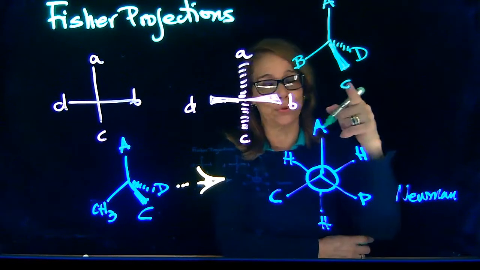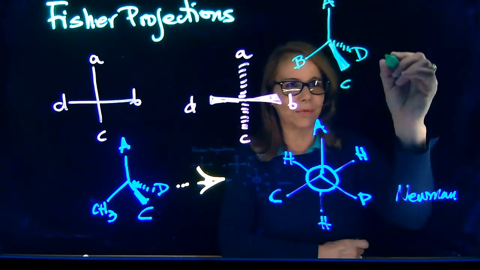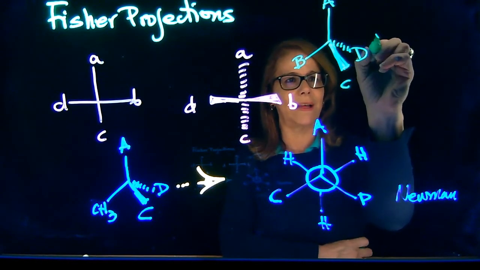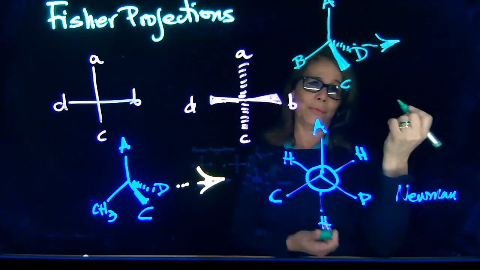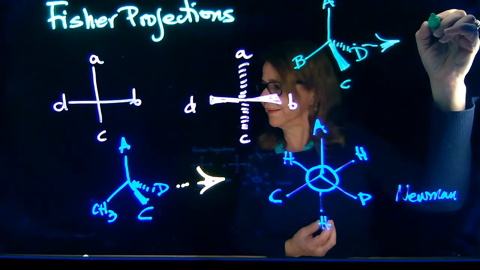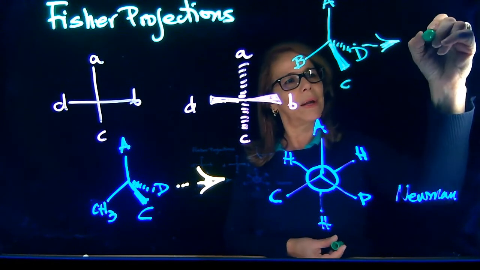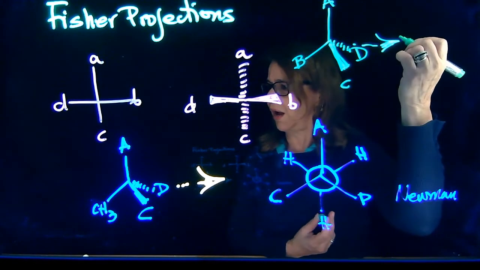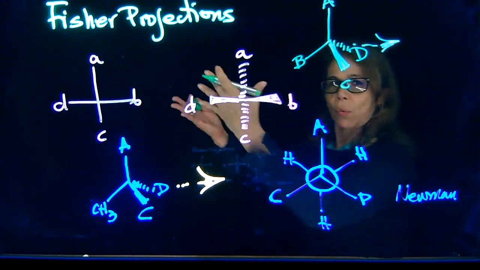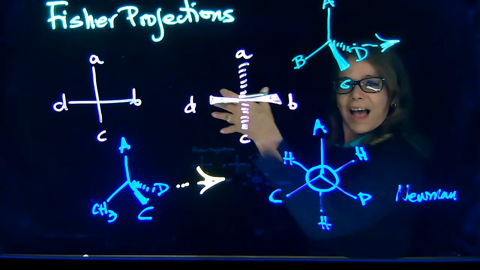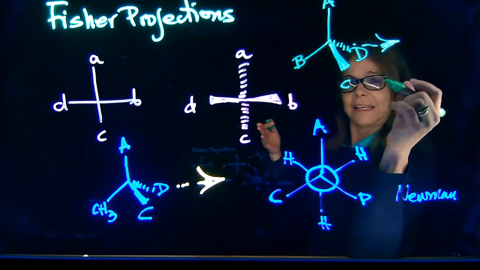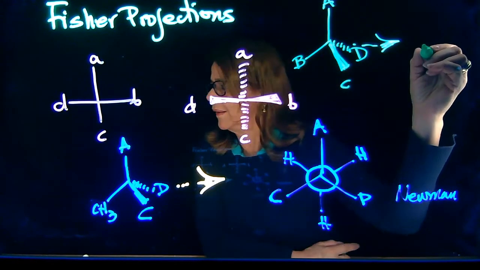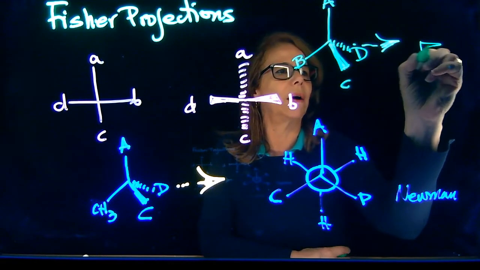Now I'm going to do the Fischer following that convention. And again, I'm going to say that I'm looking at that from that perspective. Now, from that perspective, what I'm going to say is that when I have two things coming towards me, so this is my view, I'm here, I see C and D coming towards me, and that I'm going to draw in the horizontal lines.